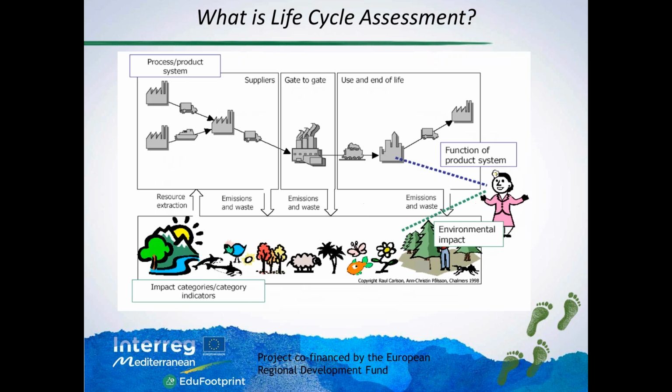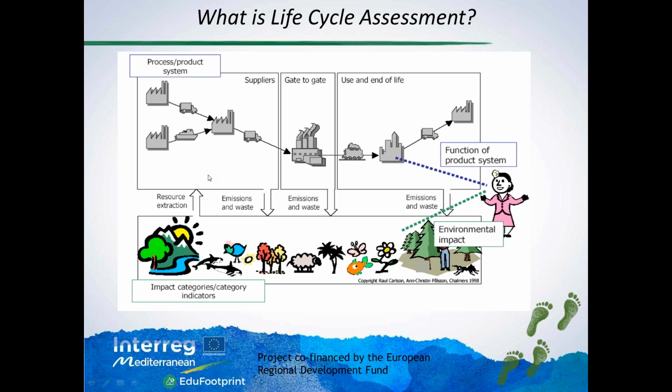From this picture you can understand that you should consider the process product system starting from the supplier's one, then there is our company, and then there is the phase of use and end of life of the product. This process needs input from the environment and gives output.